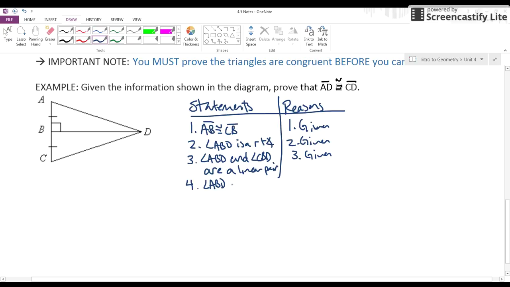Angle ABD and angle CBD are supplementary by your linear pair theorem, which means they add up to 180 by your definition of supplementary. So see how it all kind of flows?